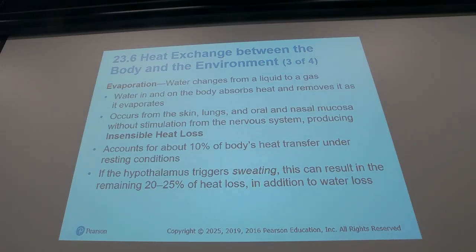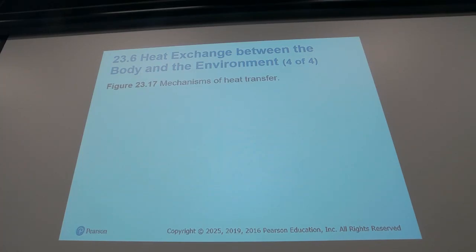Blow air through your mouth, in your palm, you feel the moisture. So we also evaporate water, and we lose heat. So that's part of what we call insensible heat loss. But we also sweat, and that makes 20 to 25% of heat loss. So perspiration, for instance.